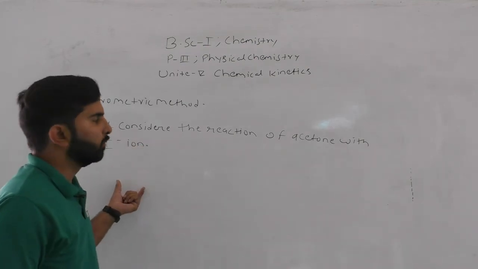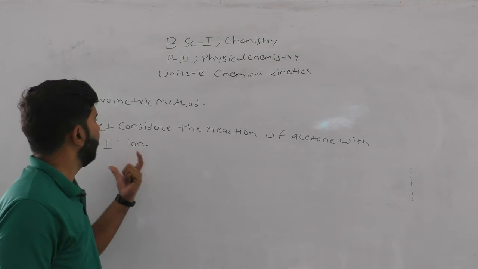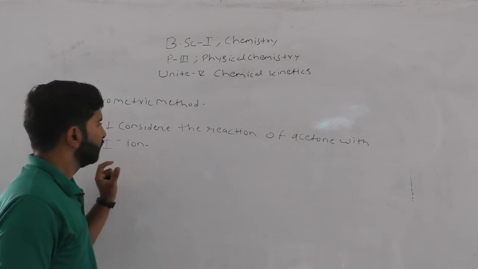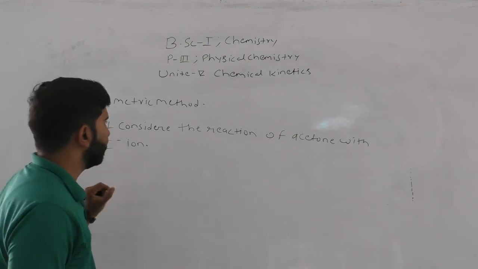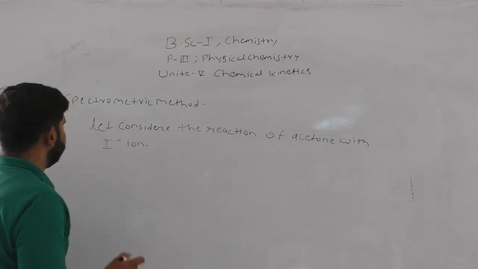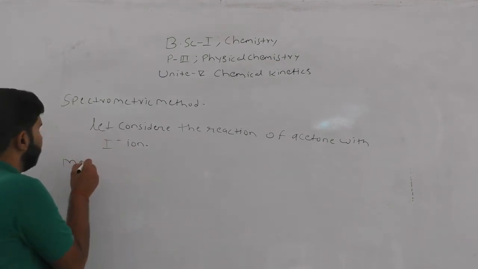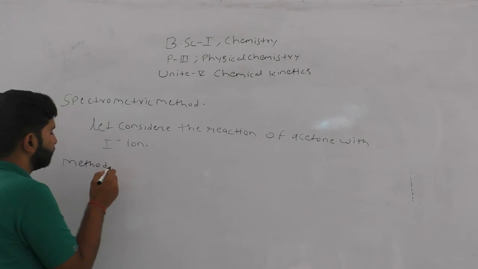In this method, we take an example of acetone reacting with negative iodine ion. So, now we start the method.